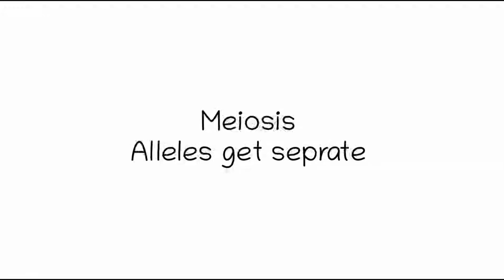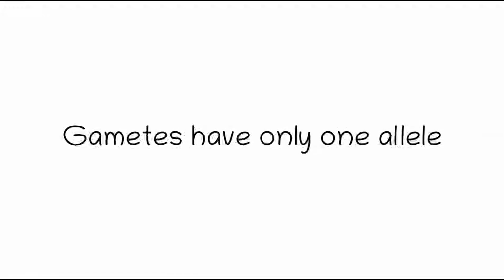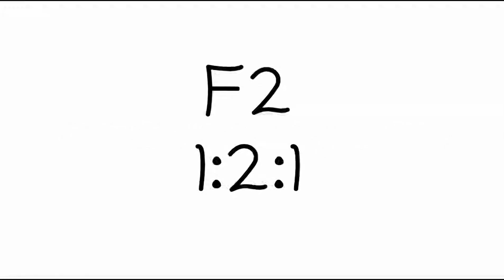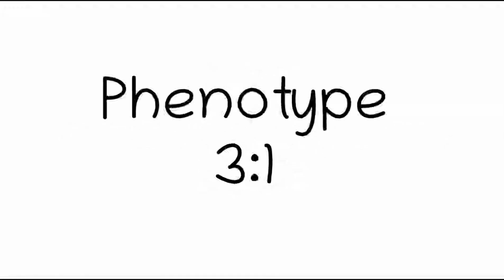And in the law of segregation, at the time of meiosis, the alleles get segregated. Here the gametes consist of only one allele. So the F2 genotypic ratio we get is 1:2:1, and the phenotypic ratio is 3:1 in the monohybrid cross.